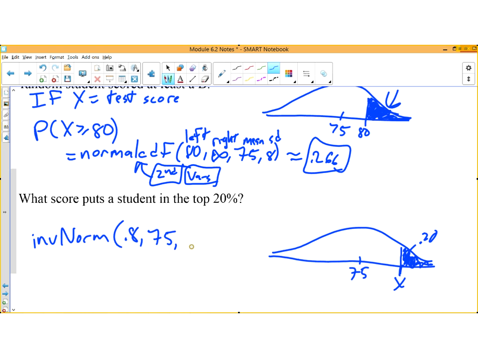We did 0.8, 75, and 8. So that was about 81.7. The area to the right is 1 minus 0.20, which is 0.80. And that first number is always the left area. And then, of course, the mean and the standard deviation.